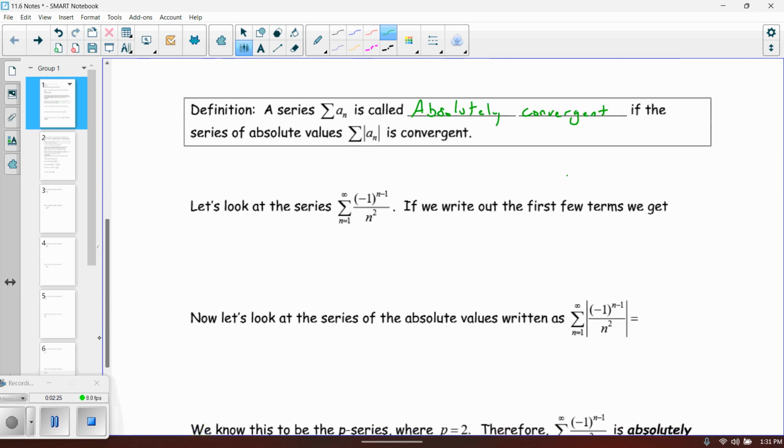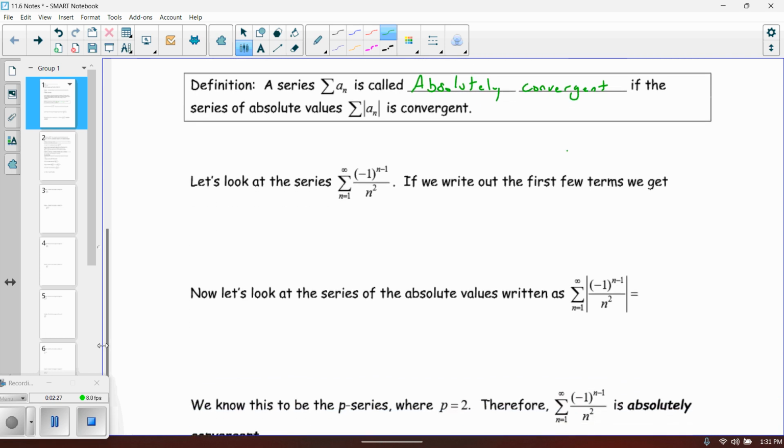So let's look at a case here. Let's look at the series (-1)^(n-1) over n squared. Now we know that's an alternating series just by looking at it. If you write out the first few terms, if you plug in 1, that would give you a +1 on top over 1 squared.